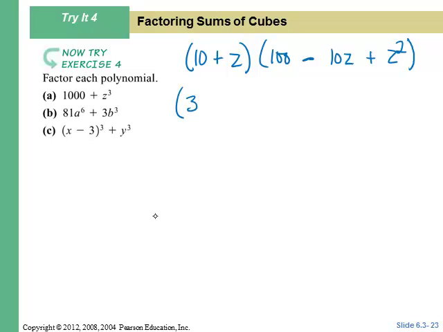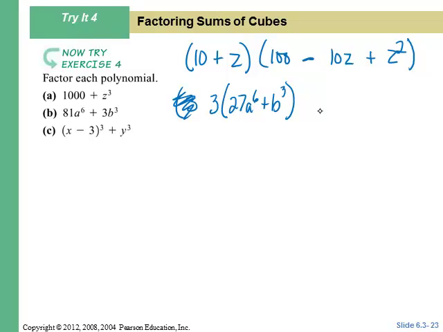Cube root of the first, cube root of 81. Oh, we can take a 3 out of everything first. 3 parentheses, 27a to the 6th plus b to the 3rd.